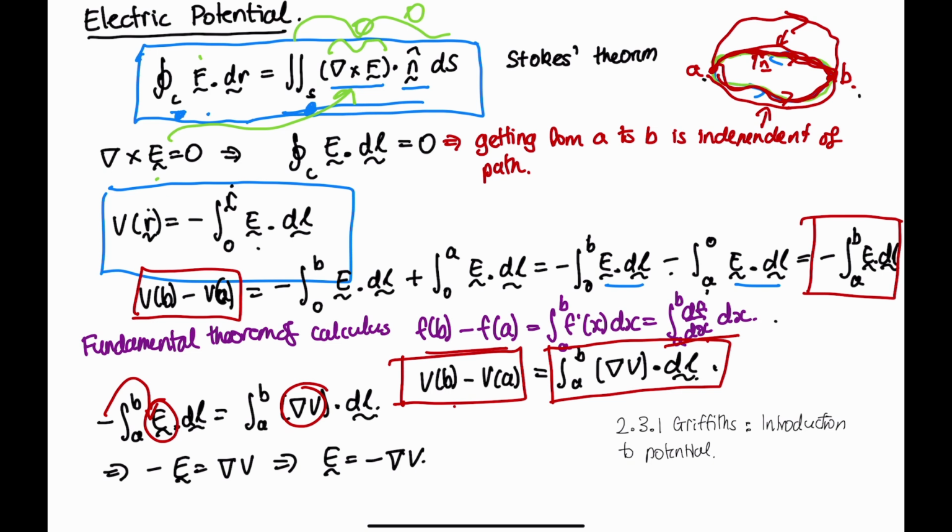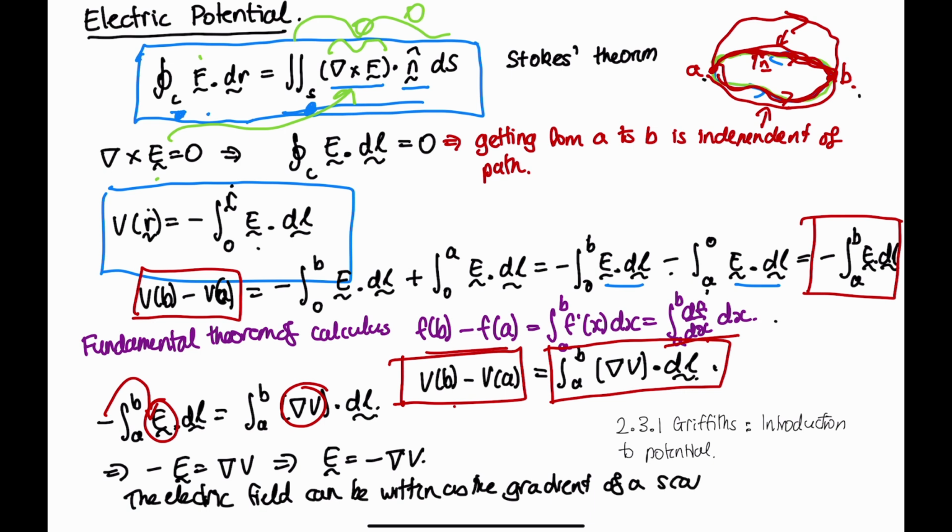So the electric field can be written as the gradient of a scalar product. And we call that scalar product the electric potential. And we'll see an example, and then we'll go on and look at why this is actually useful.